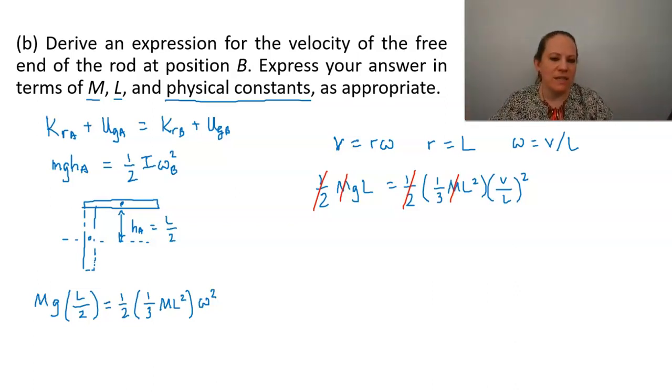Also notice that the L squared from the moment of inertia is going to cancel with the L squared from the angular velocity squared. And so we are going to end up with G times L equals 1/3 V squared. I'm going to go ahead and write this as V equals the square root of 3 times G times L.